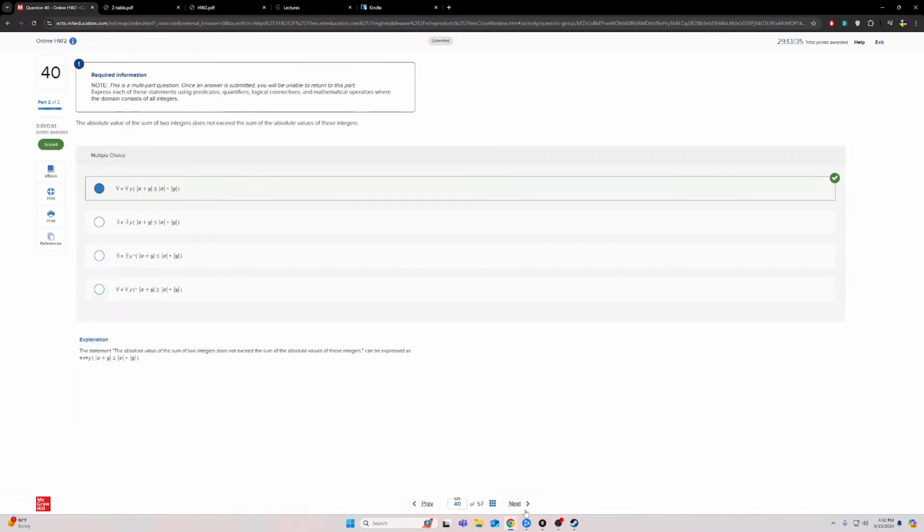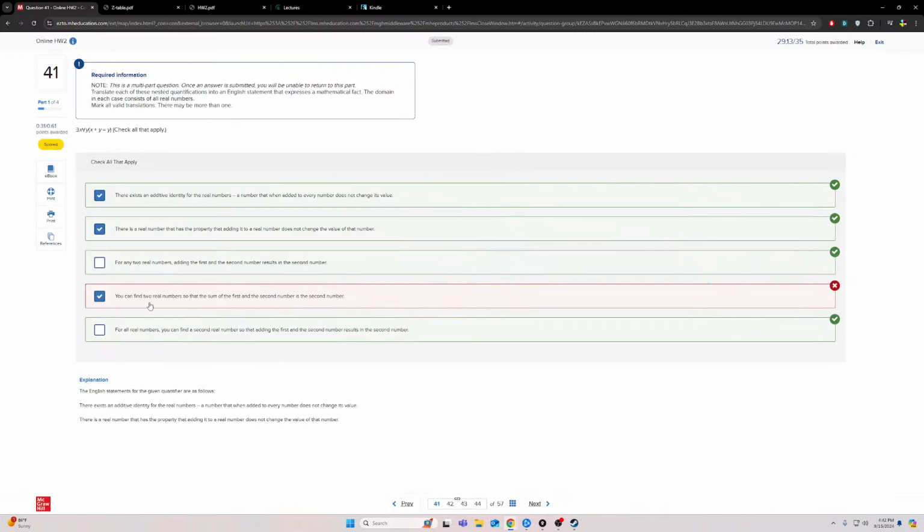And that one, yeah, it was easy. This one I got partial credit. This one was not true. You can find two numbers. I mean, technically, I think that's true, but you can find two real numbers with the sum of the first and second number is the second number.